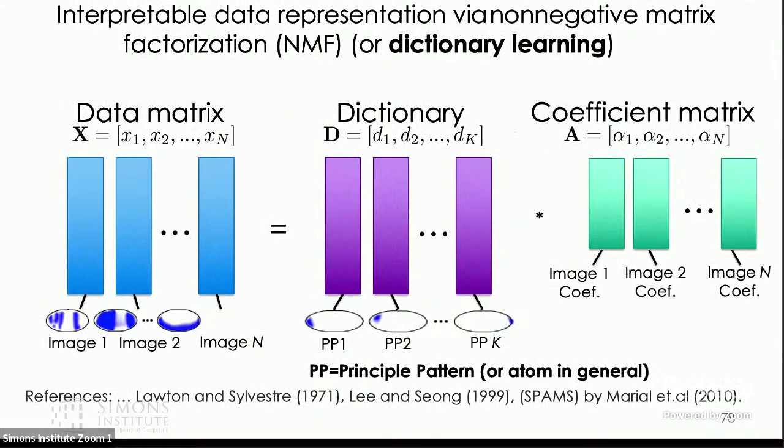So we use dictionary learning. We turned each gene expression into a vector without encoding the neighborhood information. Of course, you need to do it in a fixed way, making it into a long vector. You do dictionary learning, matrix factorization, and you end up with what we call principal patterns.